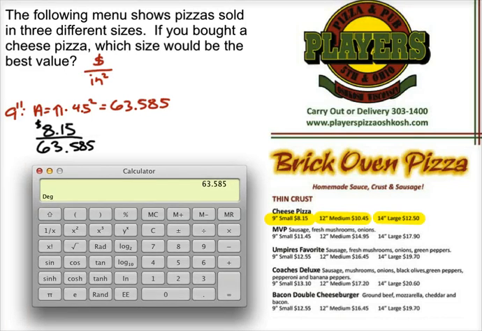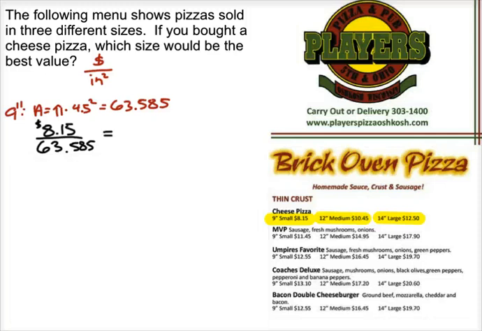So my $8.15 divided by 63.585. Since we are talking about money, I'm going to round to the nearest penny, which would be 13 cents. So the 9-inch pizza is 13 cents per square inch.